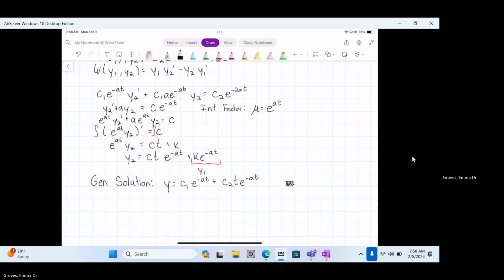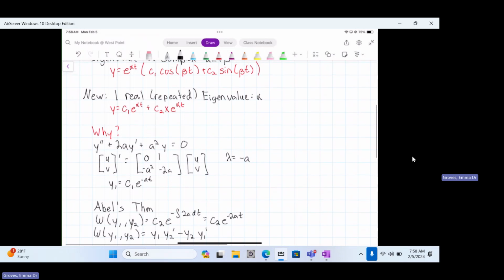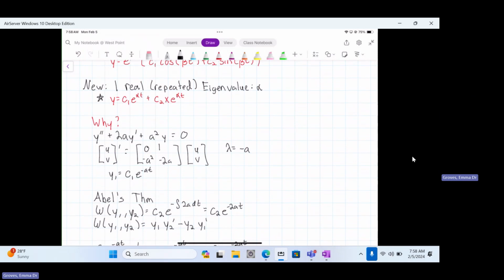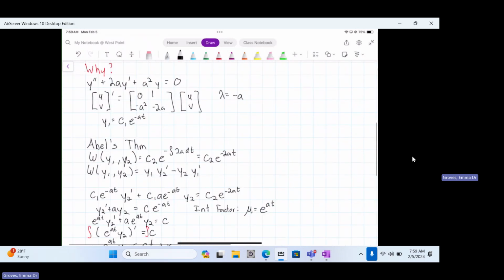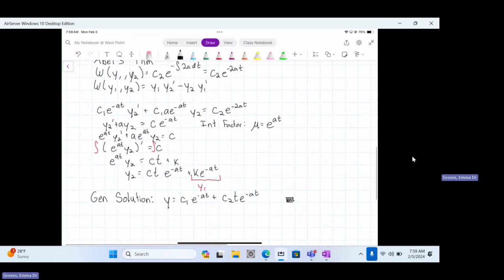Yeah. So, right, I uploaded the good piece, and then the question was why, and the why is because of Abel's theorem. So we were able to pretty easily with our eigenvalue of negative a get one solution, but how do we get the other? You use Abel's theorem, but at the same time, you don't really want to have to repeat this, so you're allowed to jump straight to this is what I know the solution is going to be.